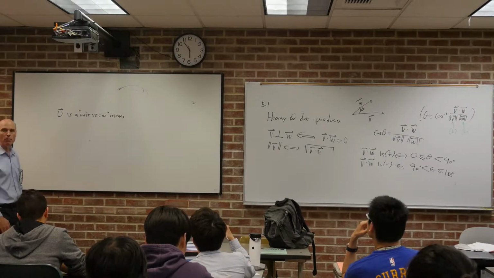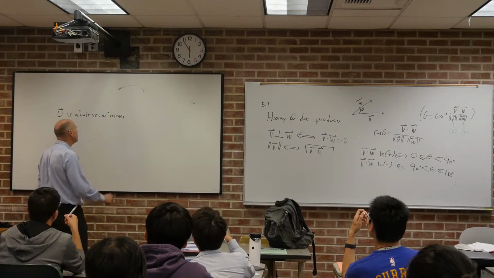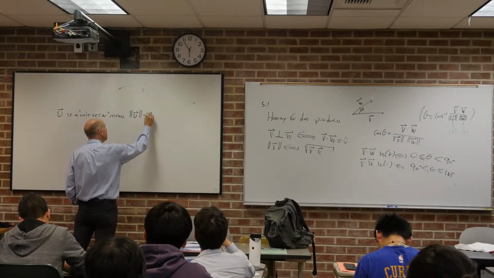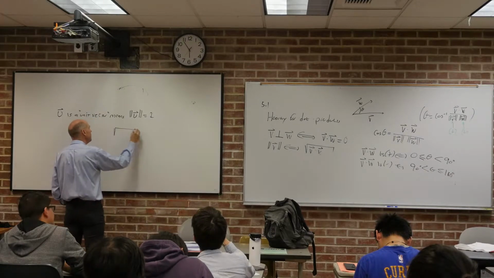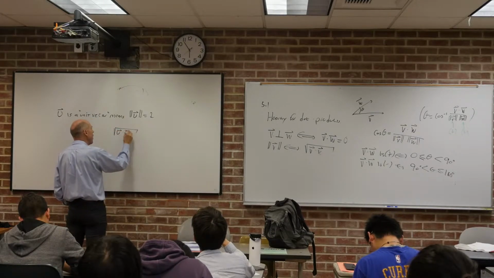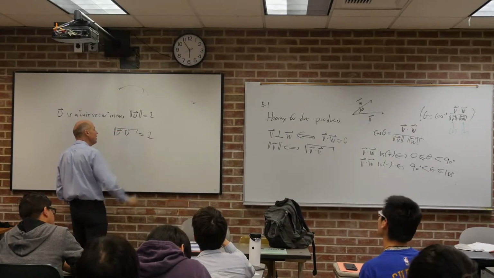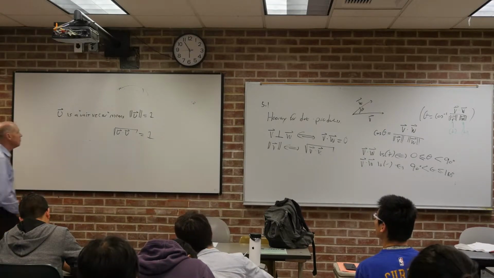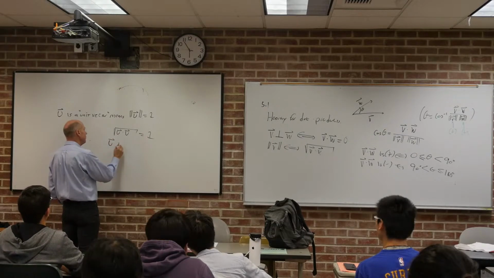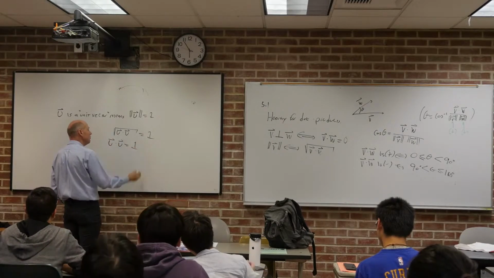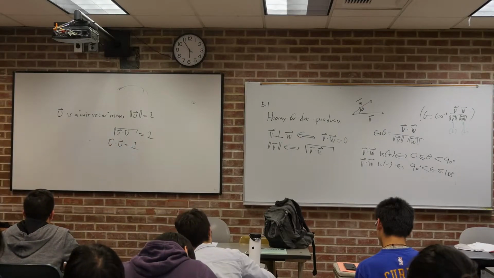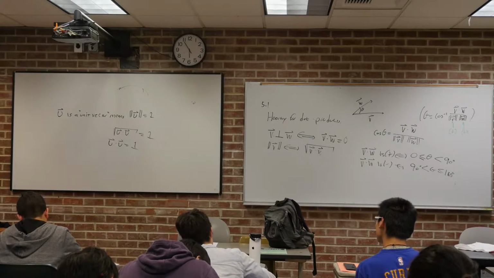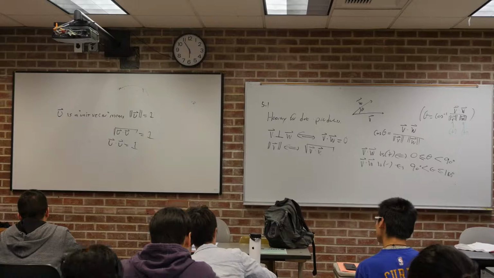What does it mean for something to be a unit vector? If it's a unit vector, a good way to check is to just take the dot product of the vector with itself.